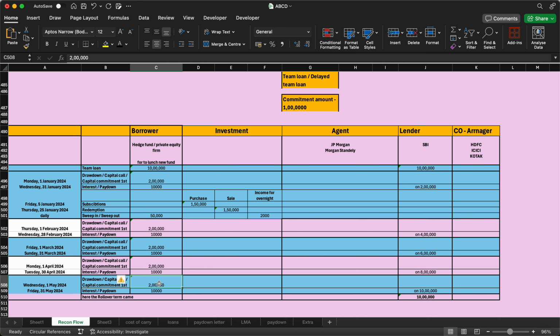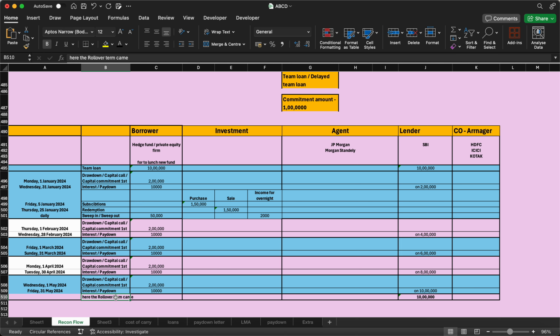So again this fund has requested, this is a 5-month contract, and they want to get another contract of 5 months. So they just have to do the rollover. They do not want to do documentation again, and this contract gets rolled over for another 5 months.